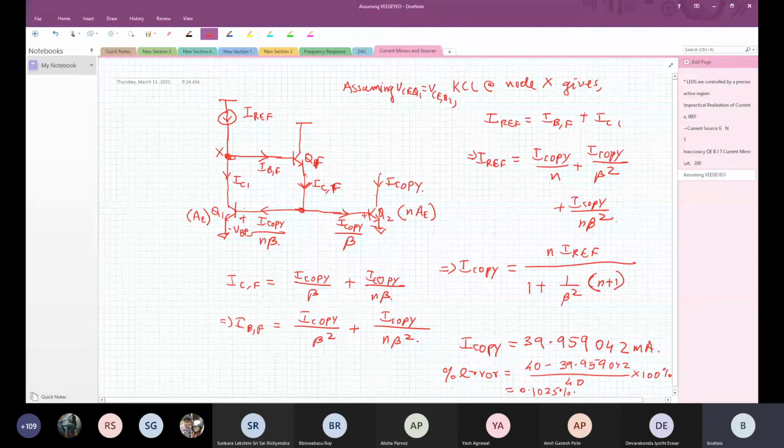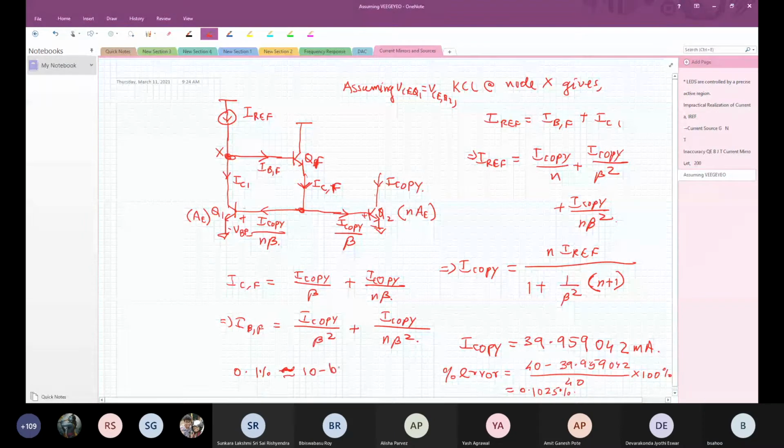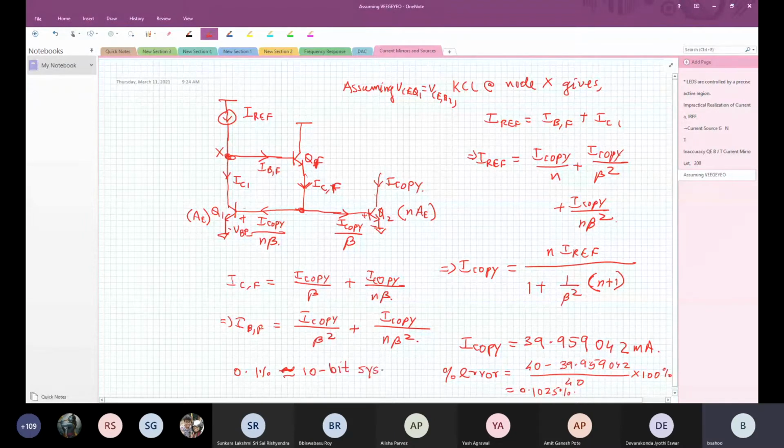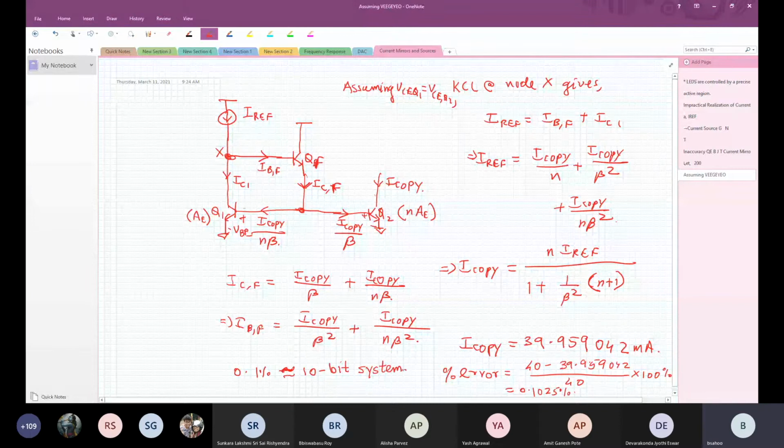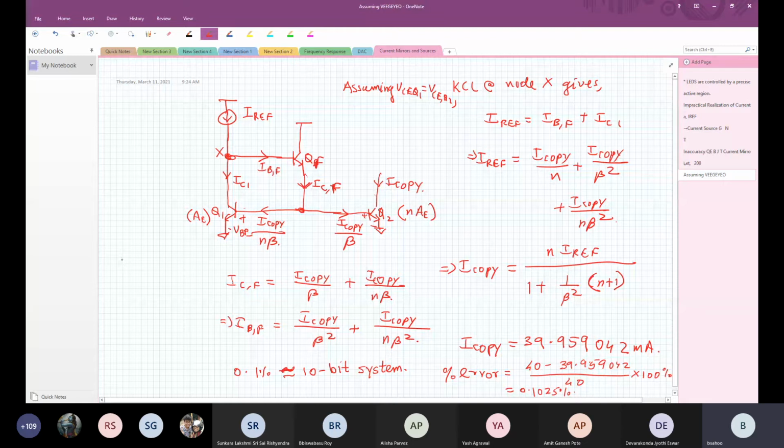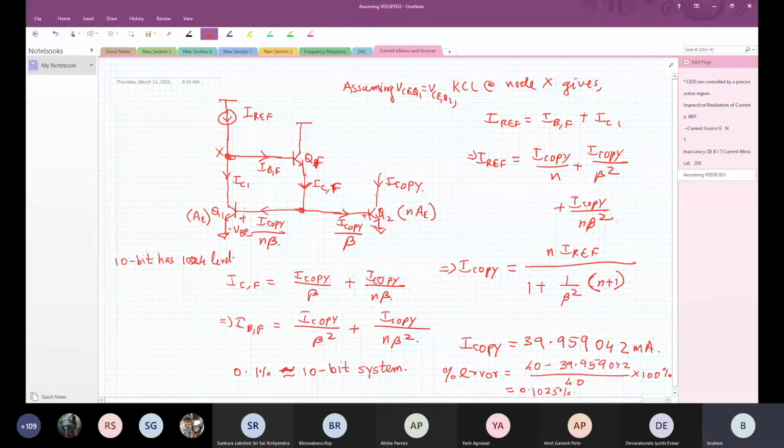Now let me tell you how bad this is. This is really bad. You know, 0.1% is approximately equal to a 10-bit system. Why? Because 10-bit has 1024 levels. Now each level is how much then?